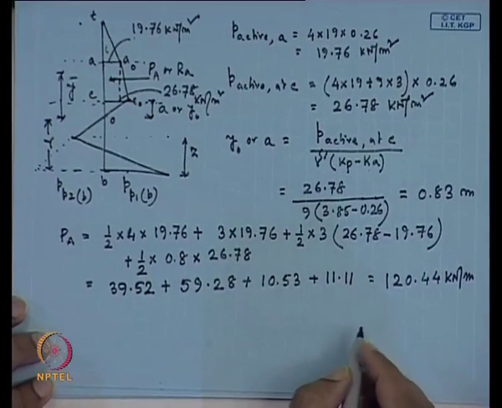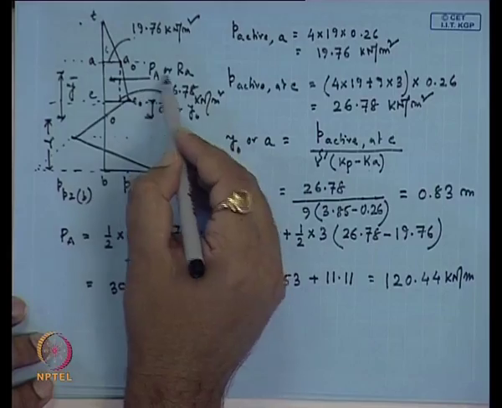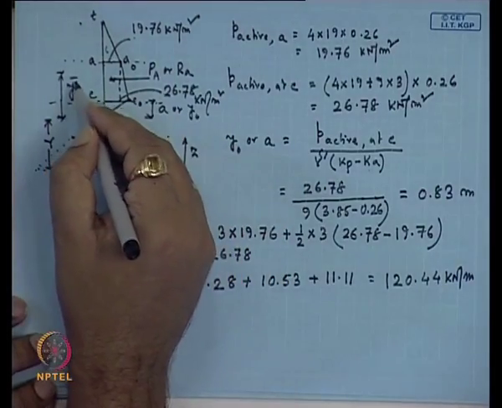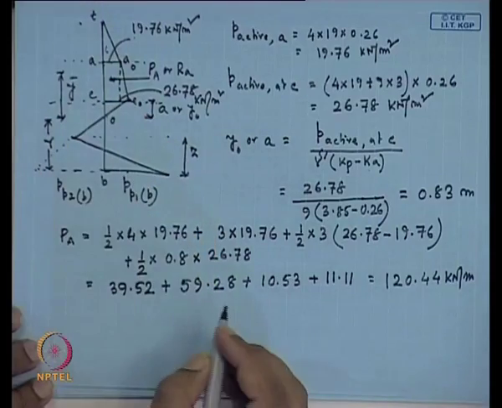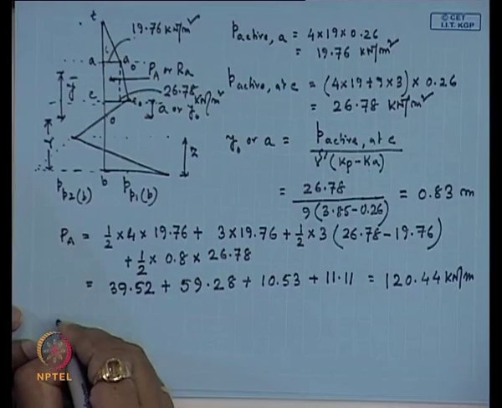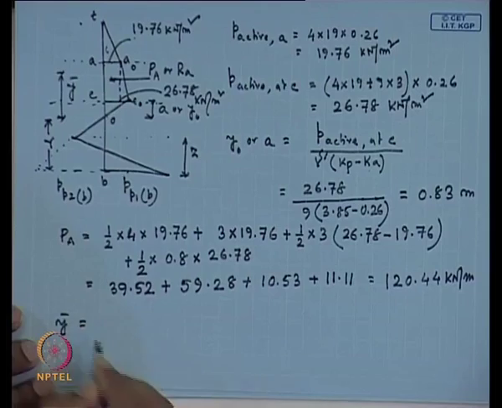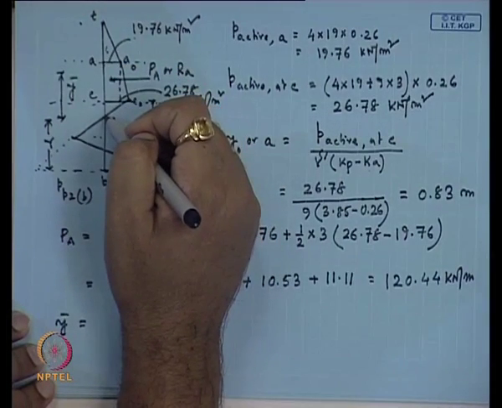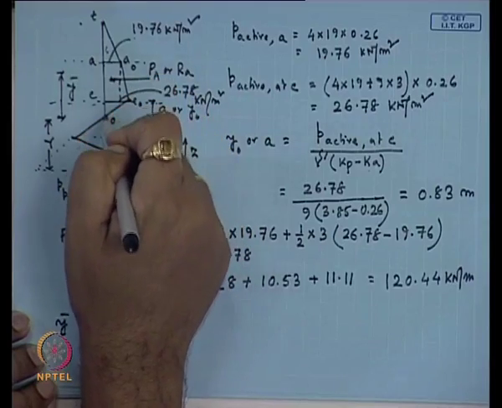Next, this P A or R A value is known. Next, we will determine the value of small y bar. For small y bar, we will take moments with respect to the O point.